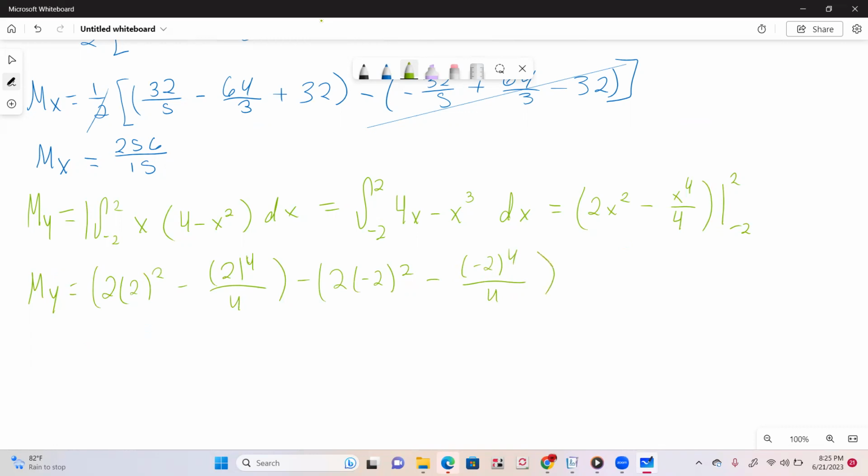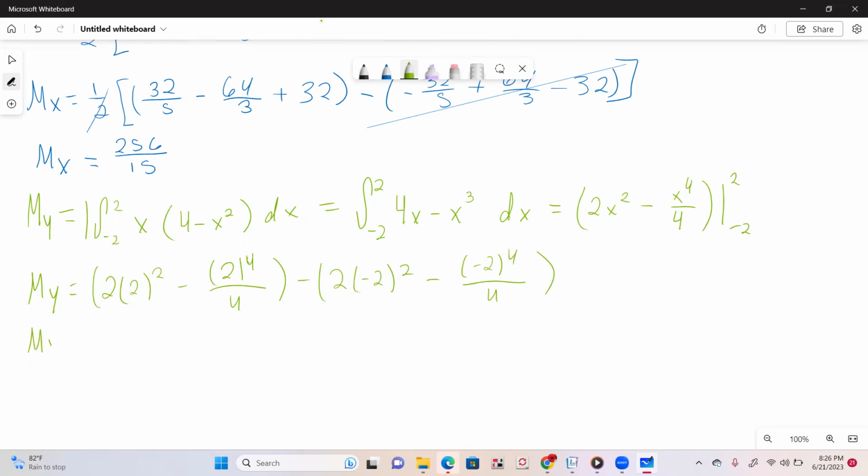Okay. Now, you might be noticing something. We only have even powers, meaning that these are going to be equivalent to each other. So when you have the same thing minus the same thing, it is going to be equal to 0.